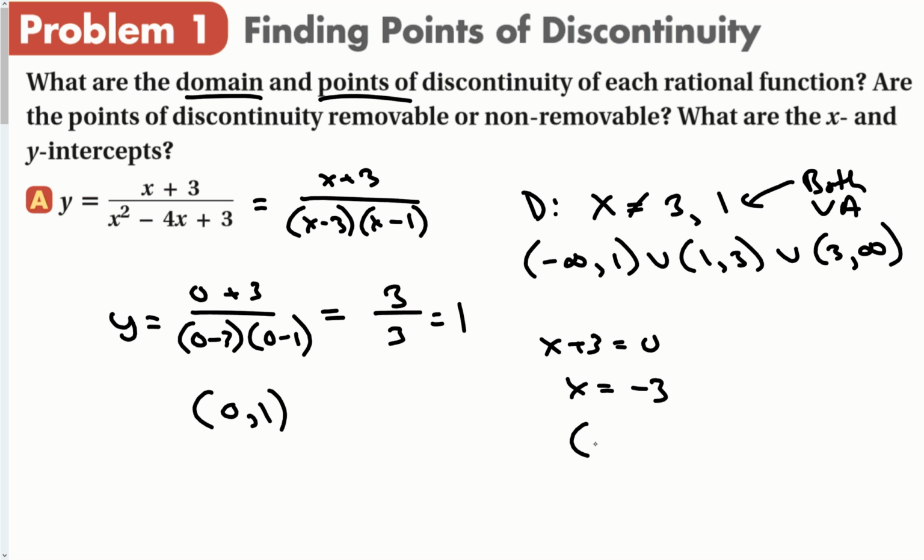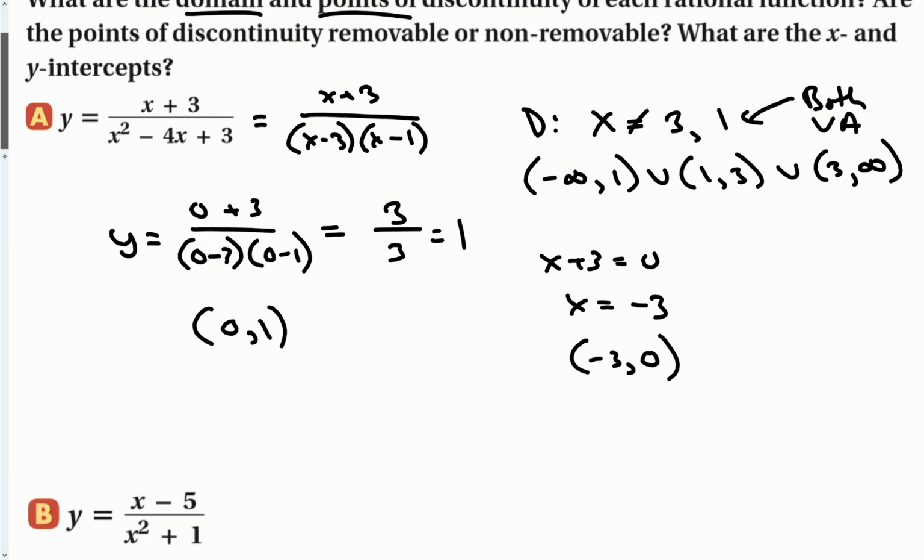We have that x is -3, y is 0. And we have two vertical asymptotes. So we're at a good spot to start thinking about what the graph is going to look like, but we'll do that at the end. Okay. So the point of this is to look at the problem and figure out all this stuff about this rational expression.